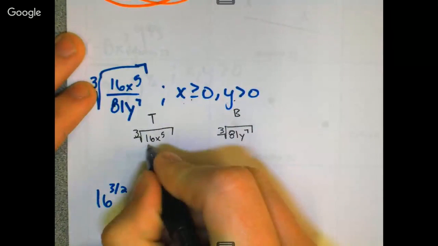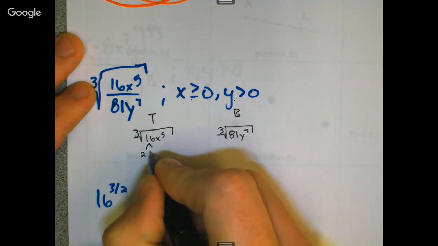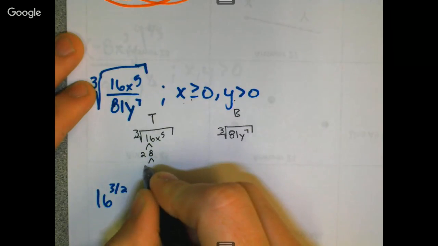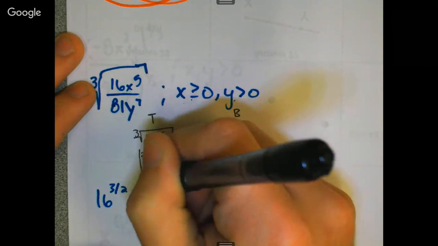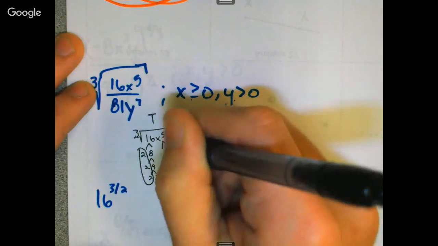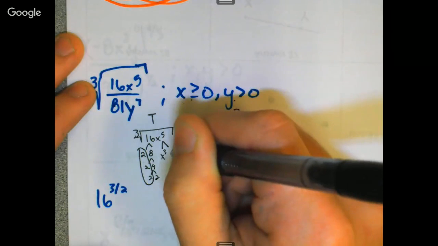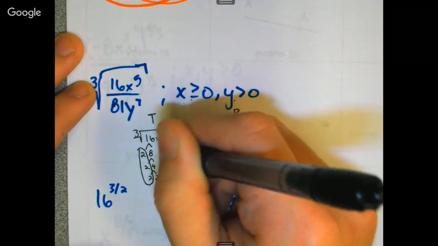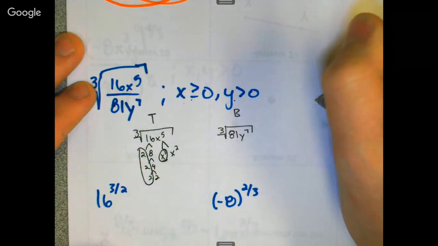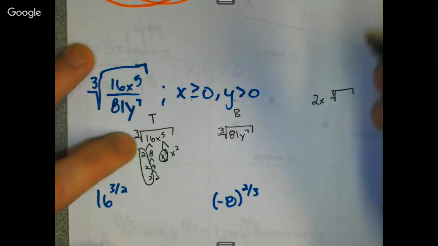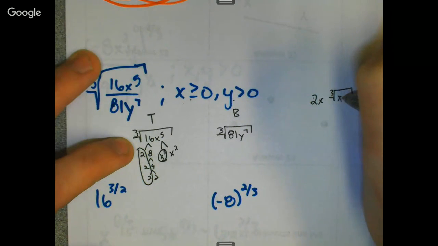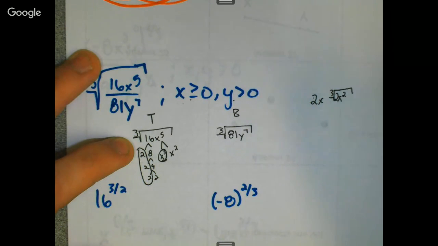Okay, so I need 16 broken down. That's 2 and 8, 4, 2 and 2. So there's a group of 3. And I have x to the third, and then x squared, so there's root 3. So in the top, we're going to have 2x third root of 2x squared.